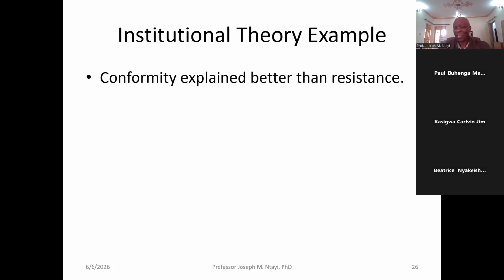There are those pressures within the environment that will make firms more or less do similar things. And that's why the word isomorphism is used: there's a similarity of the things that they do. If you are in the financial services sector, for example, and you are dealing with commercial banks, you discover that what Stanbic Bank is doing is more or less similar to what Standard Chartered Bank is doing.